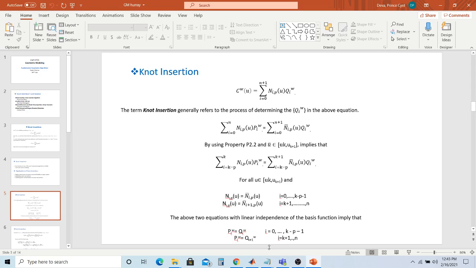Now finally, combining the above two equations with linear independence of basis functions, we arrive at P_i^w = Q_i^w, and P_i^w = Q_{i+1}^w for the ranges of i.